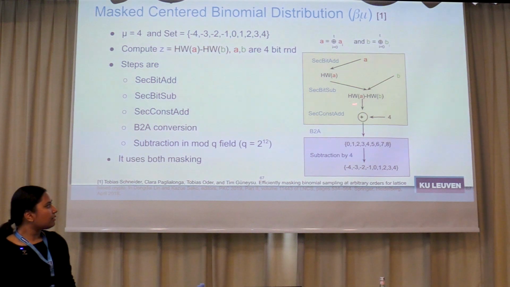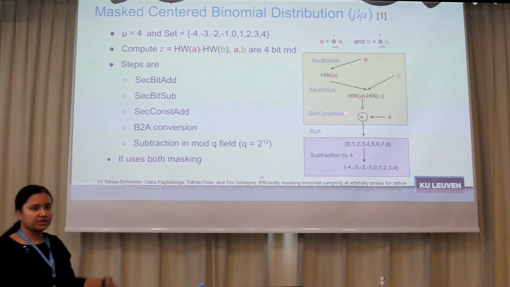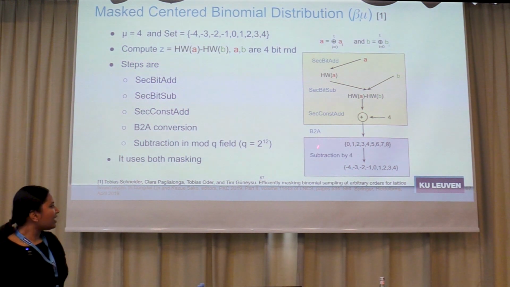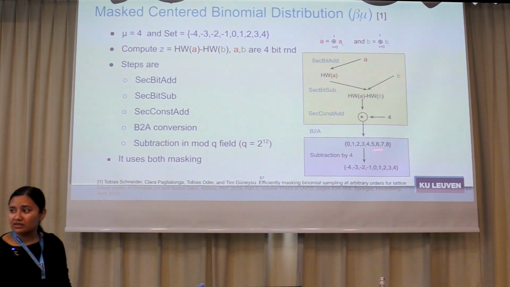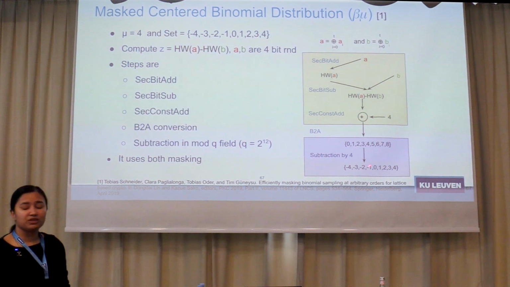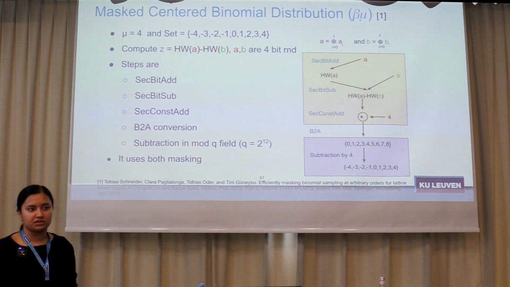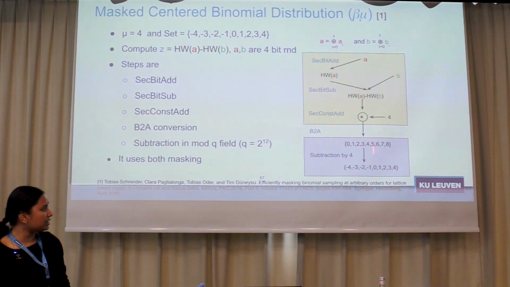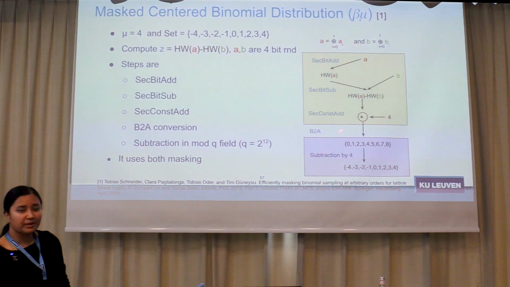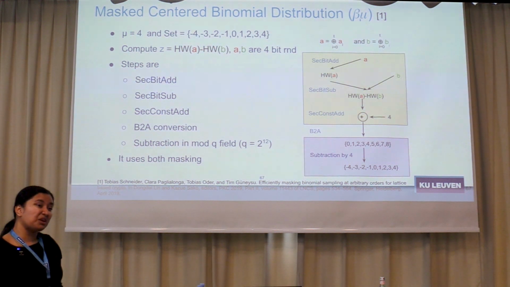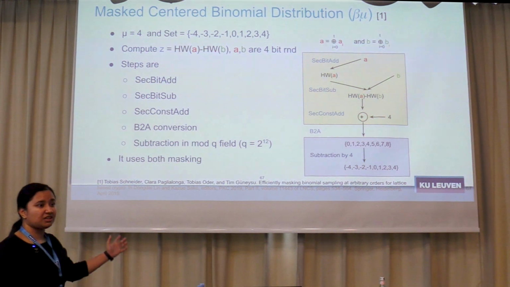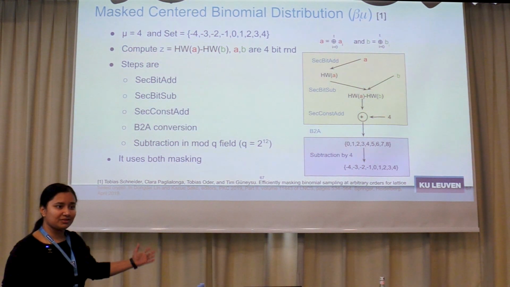I'll not go into too much detail, but if you are interested, you can ask me later. And in this part, when you do subtraction by 4, as 4 is an arithmetic number, it's always cheaper if you do it on the arithmetic shares. So here we do this operation on arithmetic shares, and in between we do this B2A conversion, Boolean to arithmetic conversion. Although it looks very small, this is one of the most expensive components in this masking algorithm.